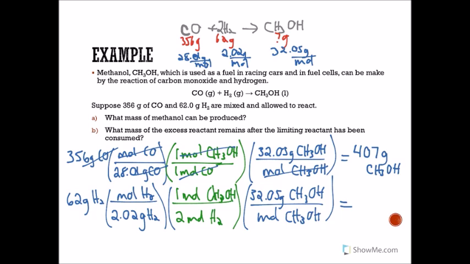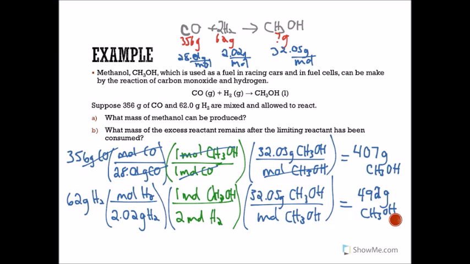And if we work that out, we have 62 times 32.05 divided by 2.02 and 2. We get 492 grams of methanol.